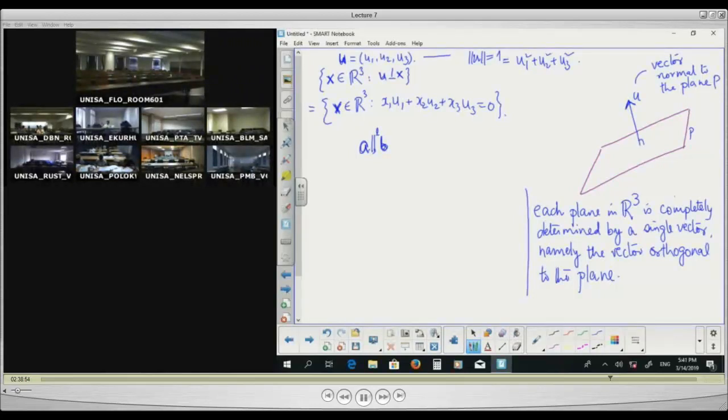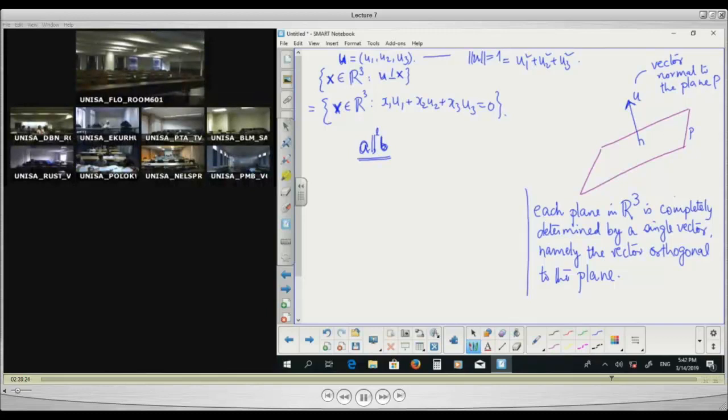So I'm trying to see how can I do it without using this notion of parallel, this notion of orthogonal. These are parallel if A is lambda times B, that's obviously one way to say it.